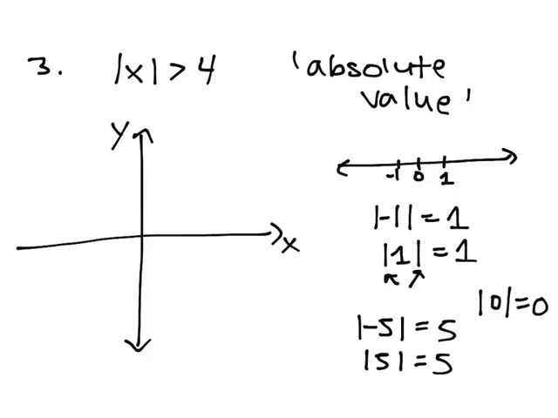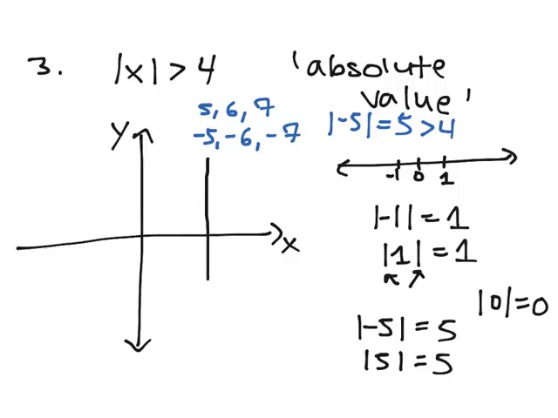So, if the absolute value of x is greater than 4, that must mean that x includes, for example, 5, 6, 7, because the absolute values of 5, 6, and 7 are greater than 4. But x also includes -5, -6, and -7. Because, say, the absolute value of -5 is equal to 5, which is greater than 4. So it would satisfy the inequality.